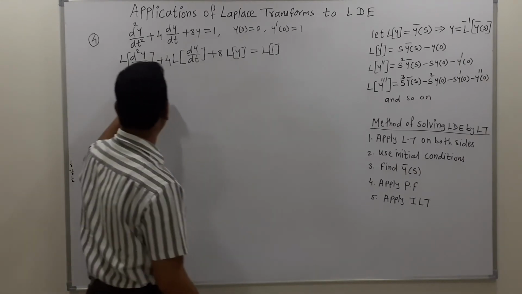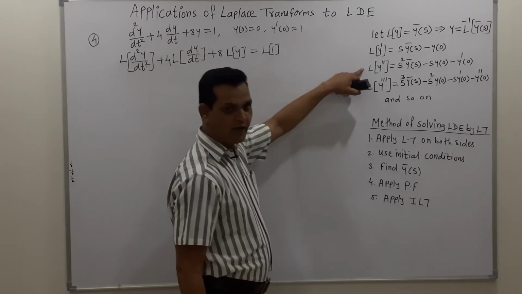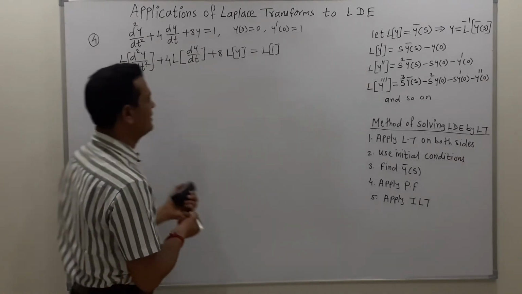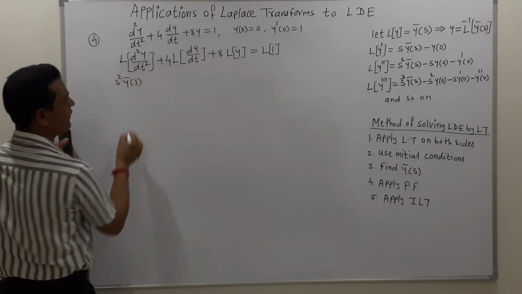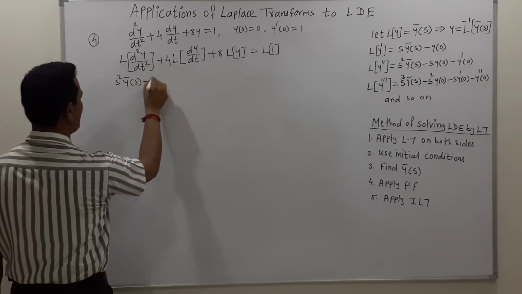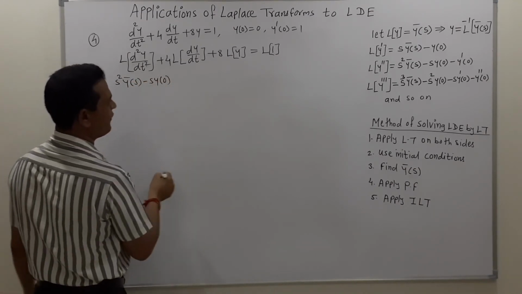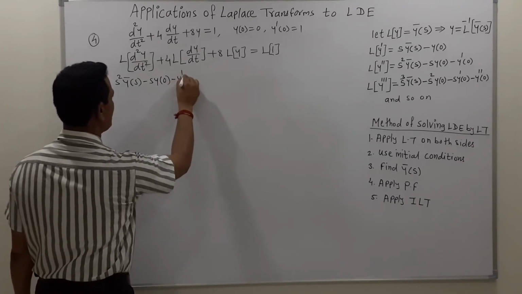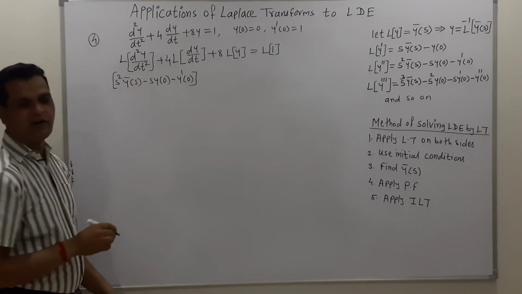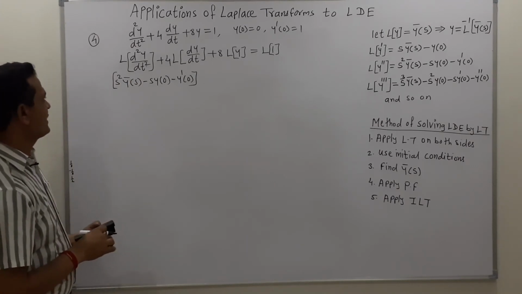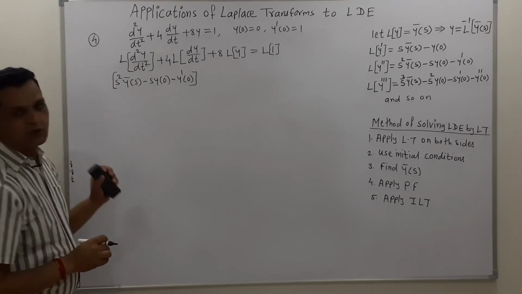Now we know that the second derivative of y, according to this formula, we can write as s square y bar of s minus s y of 0 minus y dash of 0. This is the value of Laplace transformation of the second derivative of y with respect to t.